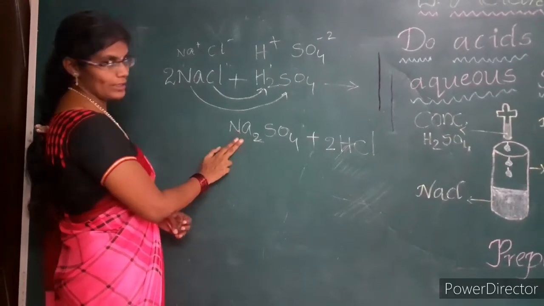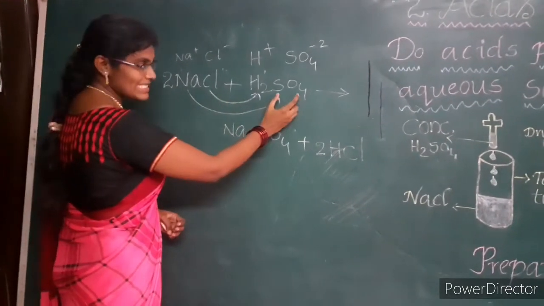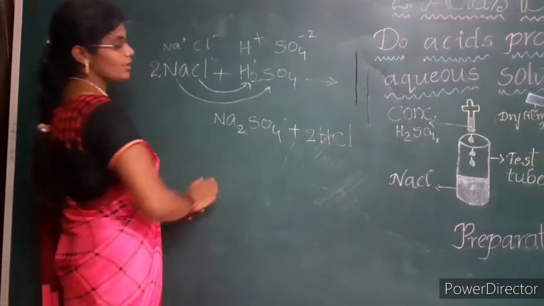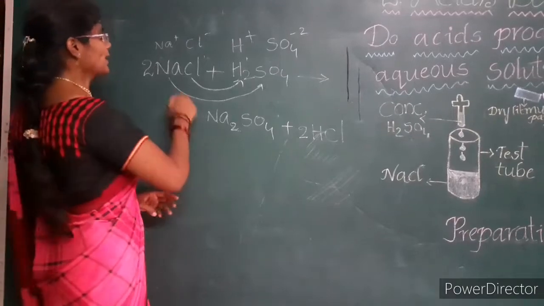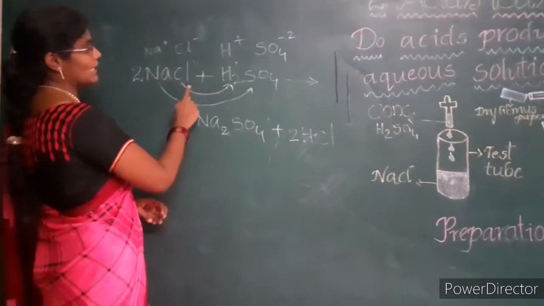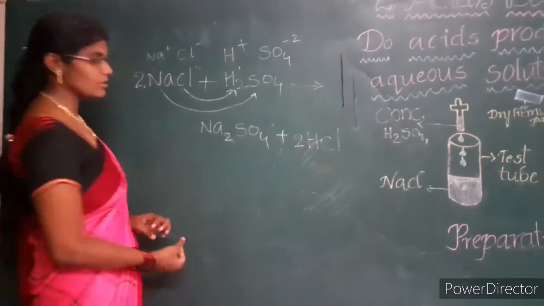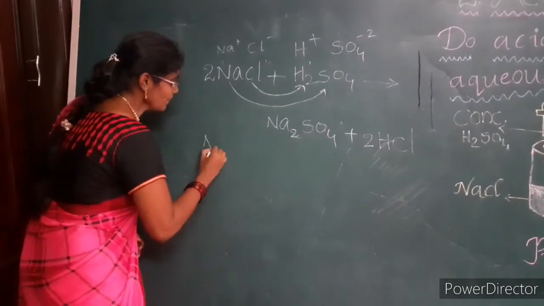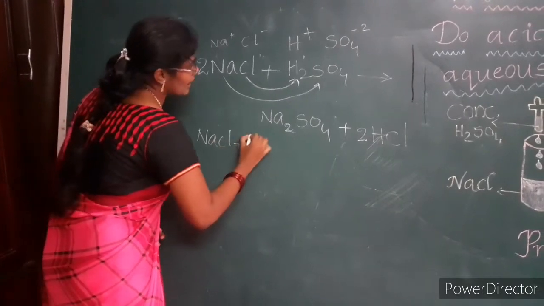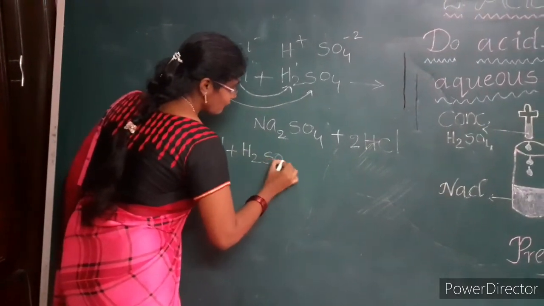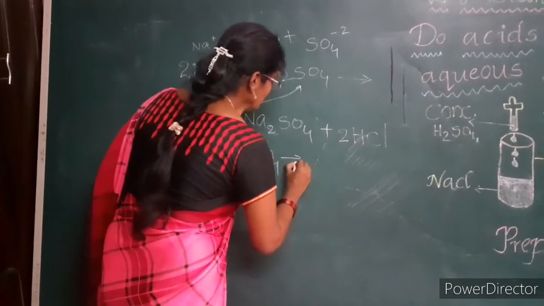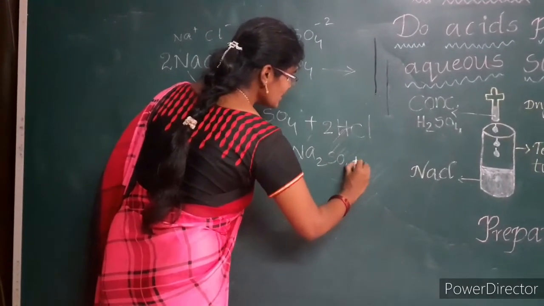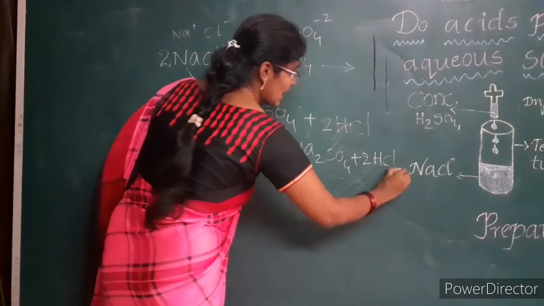Now, 2 sodium atoms and 1 sulfate molecule, and here also 1 sulfate molecule, and two chlorine atoms and two hydrogen atoms. Okay, now the equation is balanced. So when NaCl combines with sulfuric acid, it gives sodium sulfate plus hydrochloric acid.